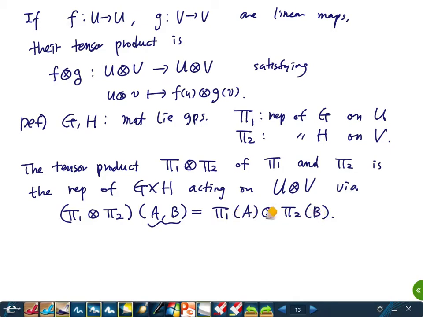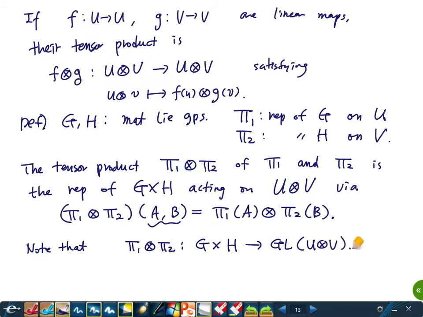So we can talk about the tensor product of the maps. So it's given like that. So note that pi_1 tensor pi_2 is a linear map, so it is a representation, a Lie group homomorphism from G times H to the general linear group of U tensor V.